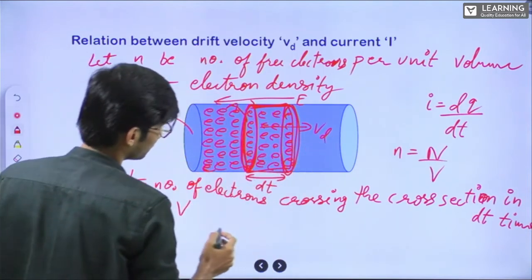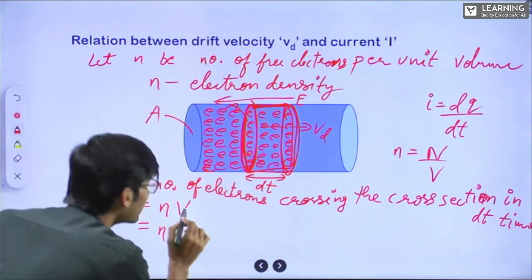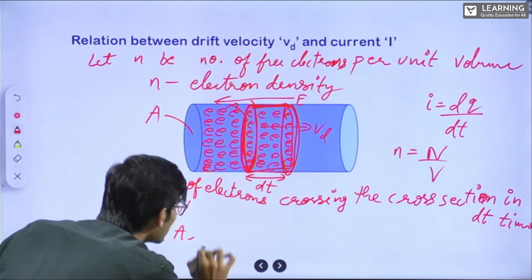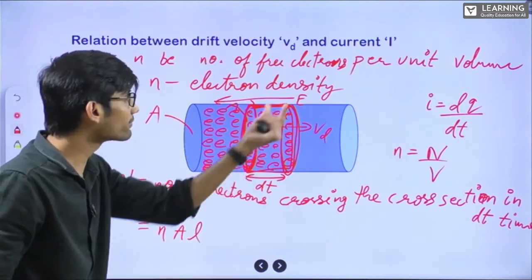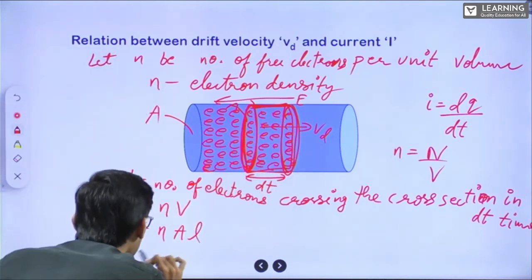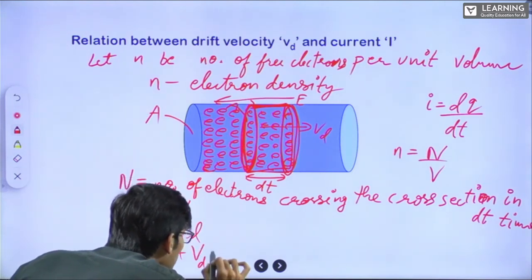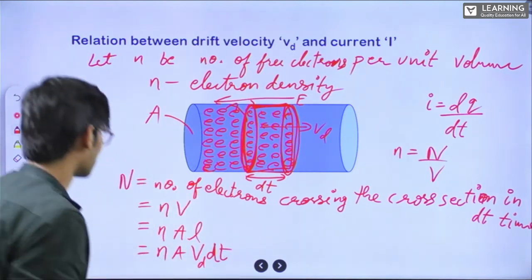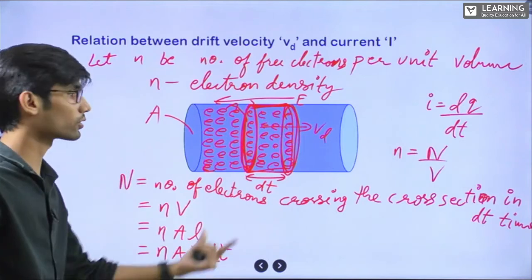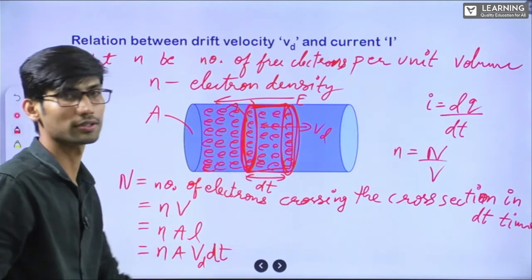Where should I write? Okay, so volume V is equal to area of cross section into L. L is Vd into dt. So this will be N A Vd into dt. This is the number of electrons passing through this cross section.